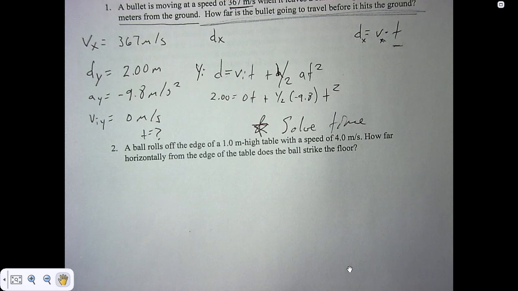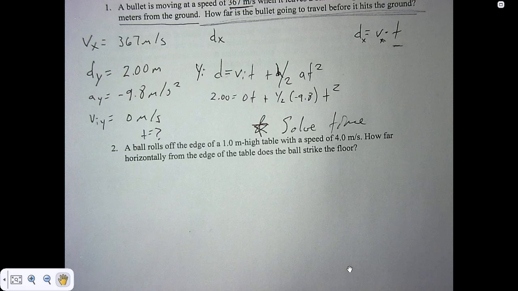Now, I'm also going to mention one other thing, because if you started plugging this in your calculator, you'll get what your calculator says is an imaginary number, and it won't allow you to do it. So there's another simple assumption that we need to make. This object is falling. So the direction that the object is going is down, right? And the acceleration is going down, right?